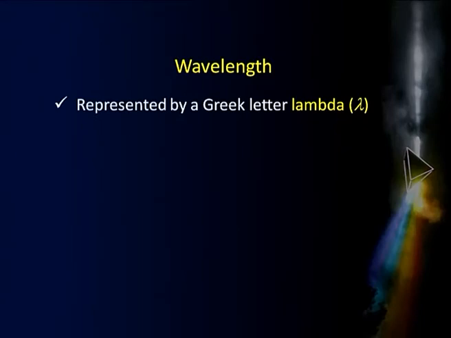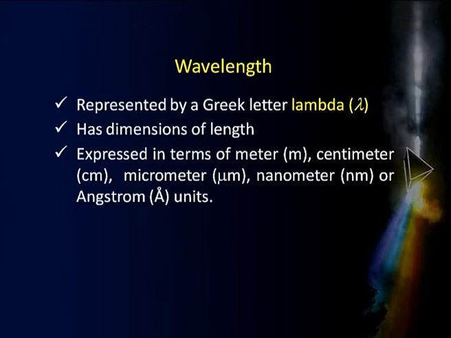Now, this wavelength, as the name suggests, is a length of some kind. It is represented by the Greek letter lambda, the typical symbol given to wavelength, and it has dimensions of length. It is typically expressed in meters, the SI unit of length, with the corresponding prefixes.